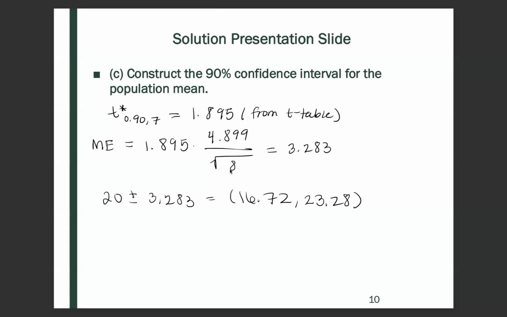Our sample size stays the same. So our margin of error is going to equal 3.283. And so when we take our point estimate for the mean, so that's going to be our sample mean 20 plus minus the margin of error, we get the 90% confidence interval to be 16.72 to 23.28.